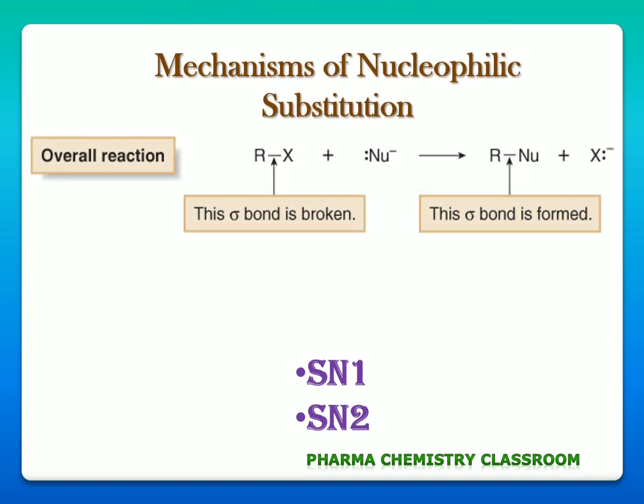Here you can see a general reaction given. In that, our alkyl halide substrate is present, and this is a nucleophile which comes and attaches to it, and you get a substituted product. You can see here the nucleophile is attached to this R group.